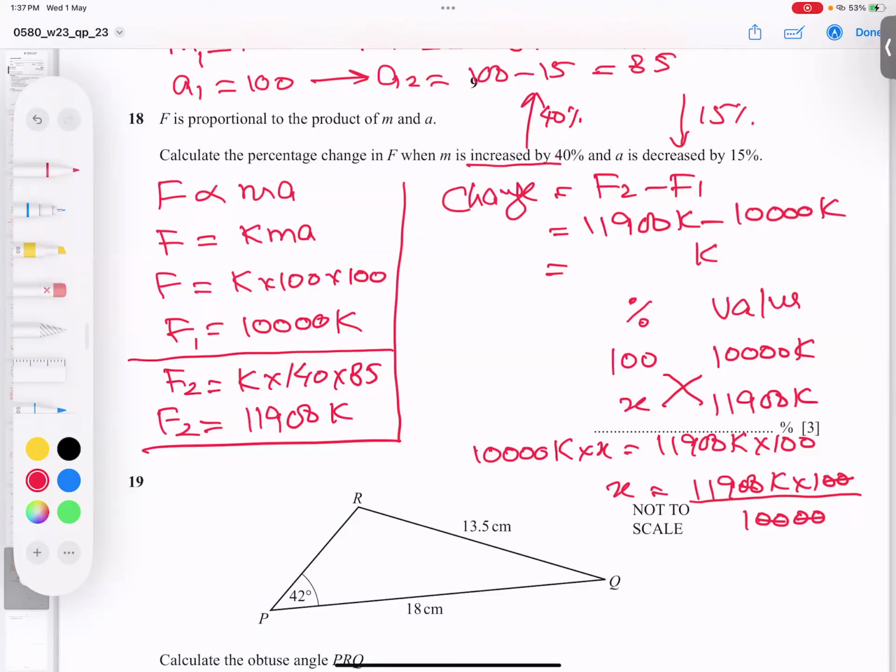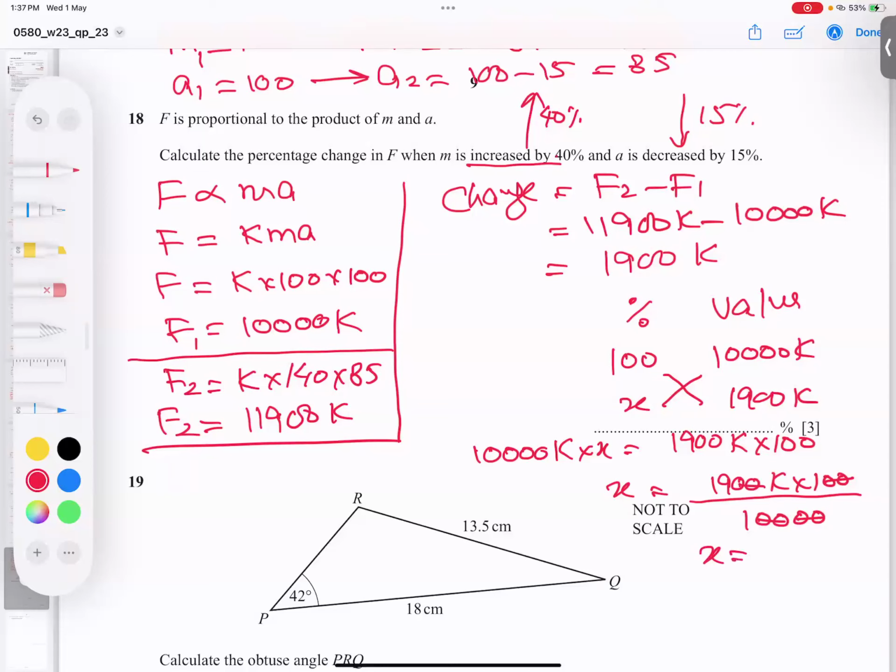And I check again, 11900 and 10,000, I get 1900. So I'll change here as well, 1900. Even here change, 1900. So this is cancelled.